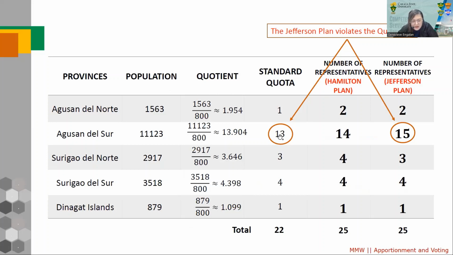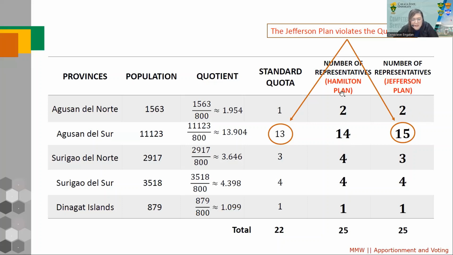Coming to the 13, the Hamilton plan is okay because it is plus 1 of the standard quota. Here it is plus 2. So this violates the quota rule.